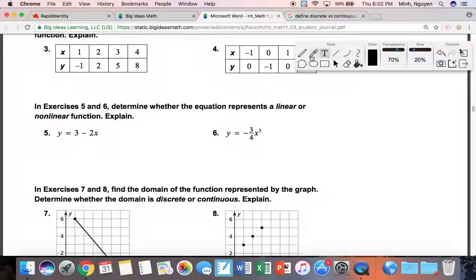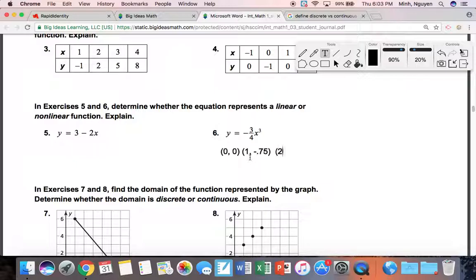I don't know why this is a poor example, because some of you guys are not sure how to cube. But a cube is when you just multiply something by itself 3 times. In any case, I'll do another set of ordered pairs and see where this takes us. So 0 times anything is going to be 0. And then 1: 1 times 1 times 1 is 1, times negative 3/4 is negative 3/4, or negative 0.75.